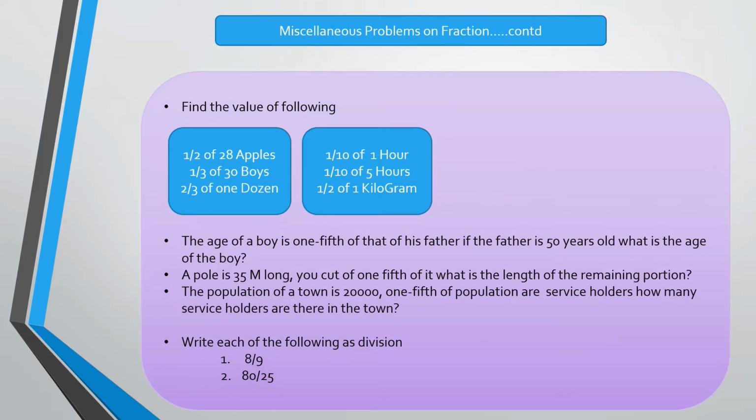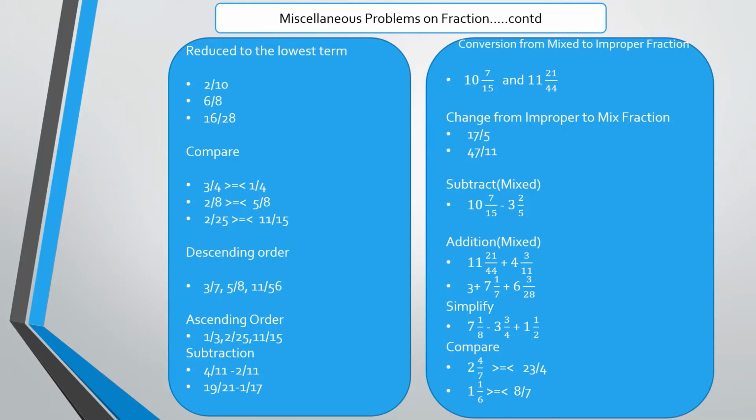Then we'll find a fraction of a whole: if a quantity is given as a whole and we are asked to find a fractional quantity of it, how to do that. There are also some very wonderful word problems that we'll discuss in detail, on how to change fractions into division. Then we'll learn how to reduce a fraction to its lowest term, and what exactly the lowest term is.